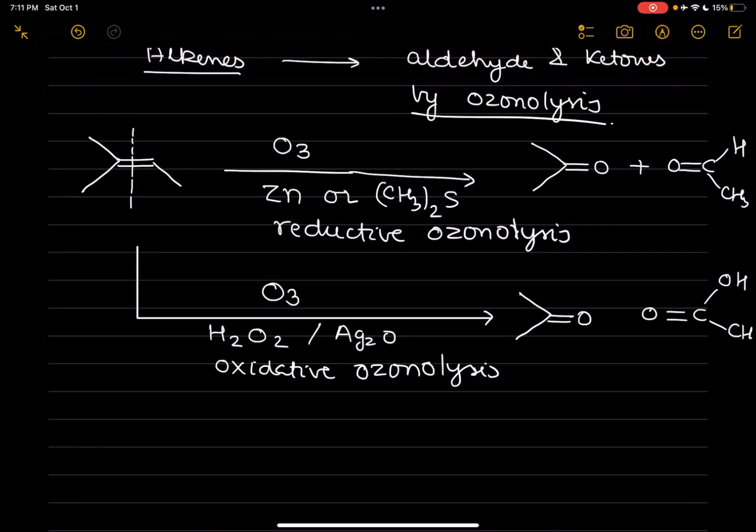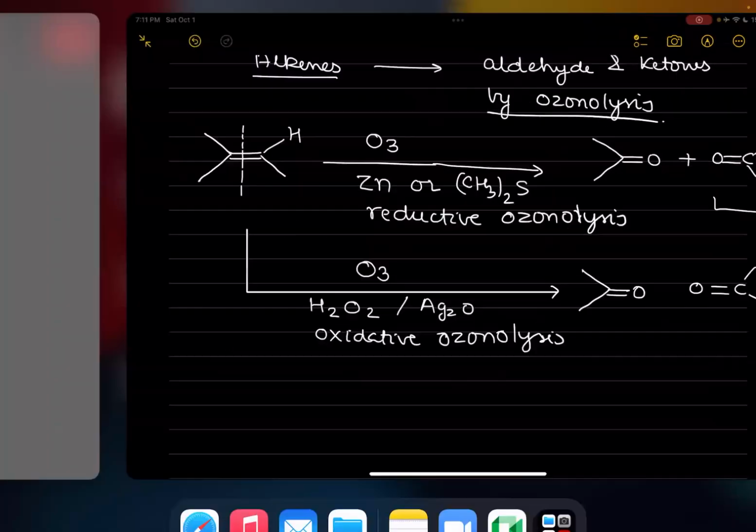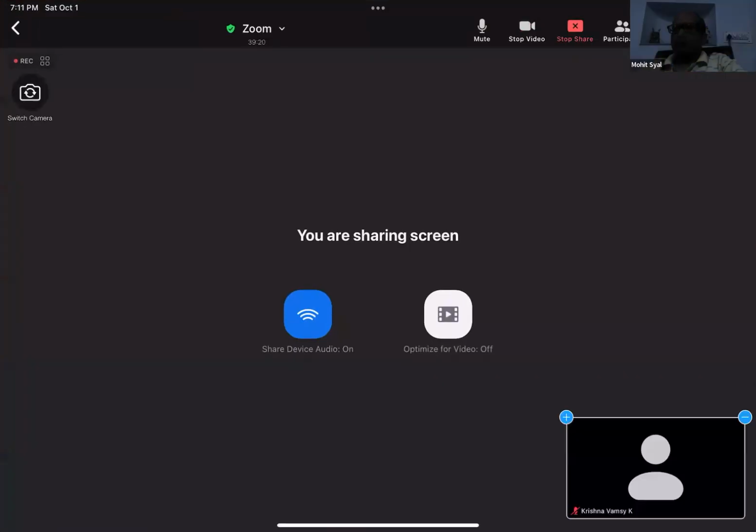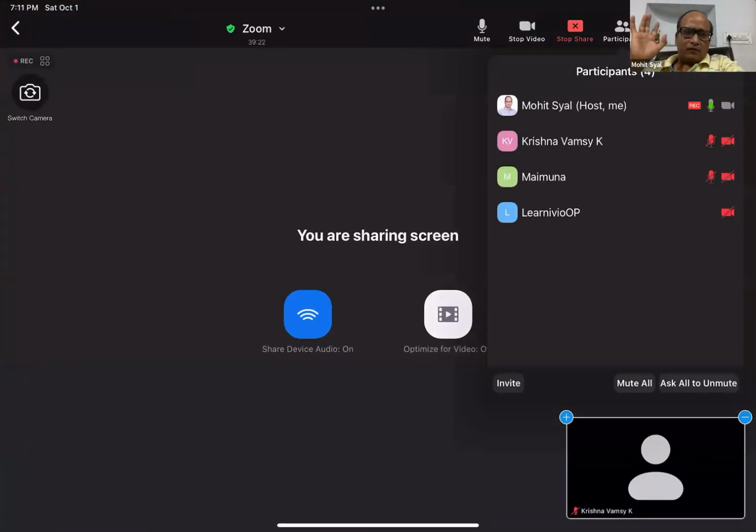This was an aldehyde, right? And why was it an aldehyde? There was one hydrogen over here. Have you understood the difference? Listen very carefully. This is the main difference which you need to know, and which will help you solve all the questions.